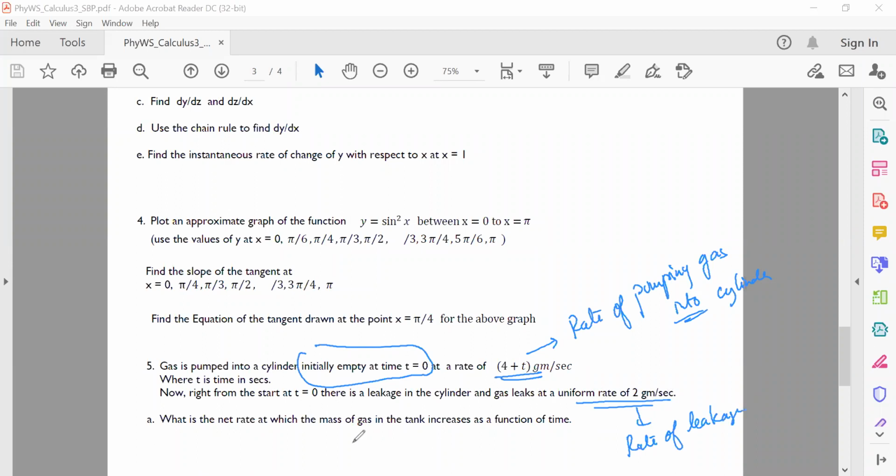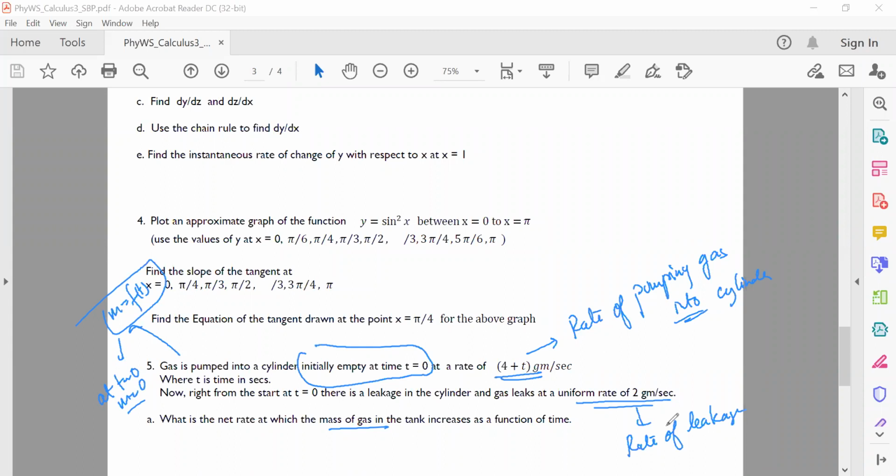So first of all, what is the net rate at which the mass of gas is changing? Here, the mass of gas in the tank will be a function of time, such that at t equal to 0, m is equal to 0, because initially it was empty.